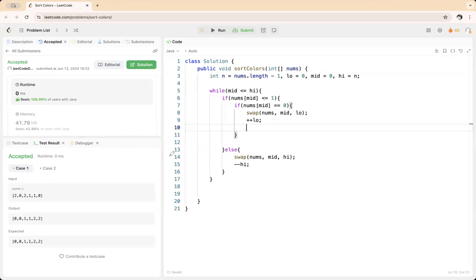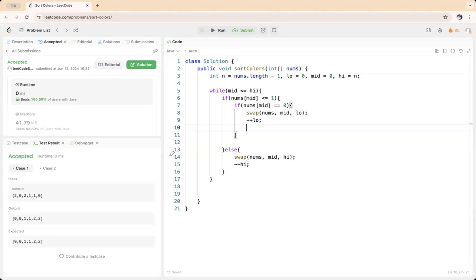These values will always be containing either 0 or 1. So whenever mid is encountering a 0, nums of mid is 0, then we have to swap that with the low, and anything in between 0 and mid is either 0 or 1.